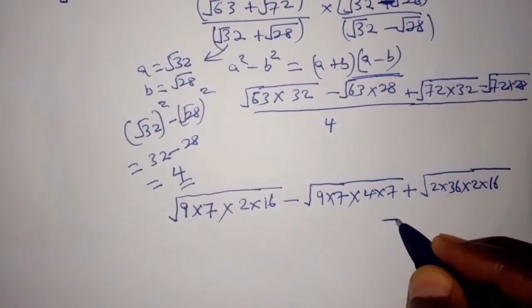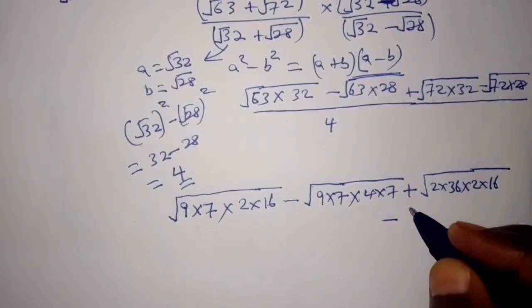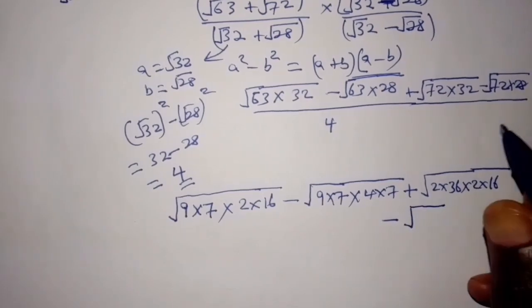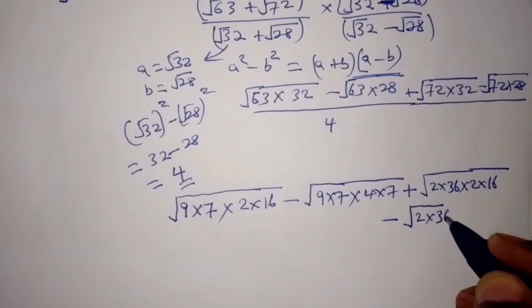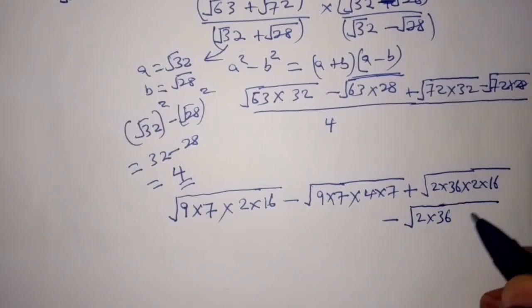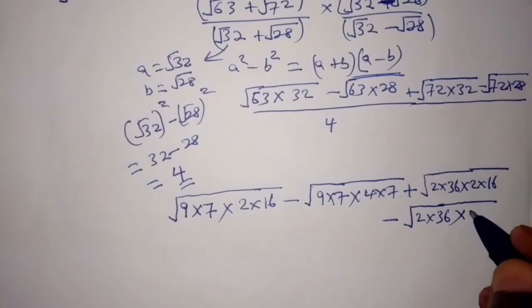Minus the square root of 72. 72 is 2 times 36. 28 is 4 times 7.